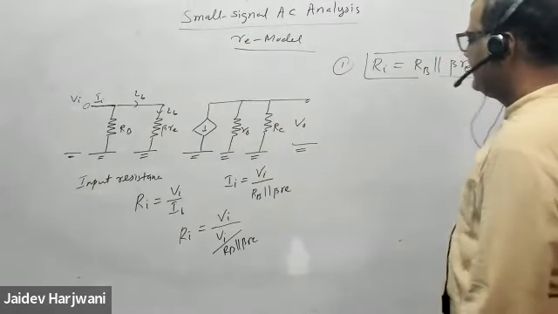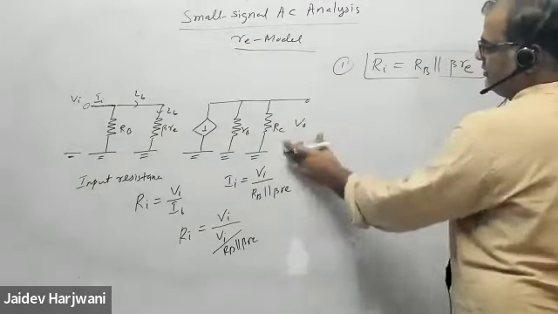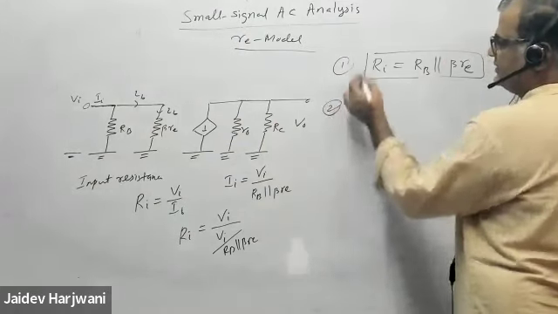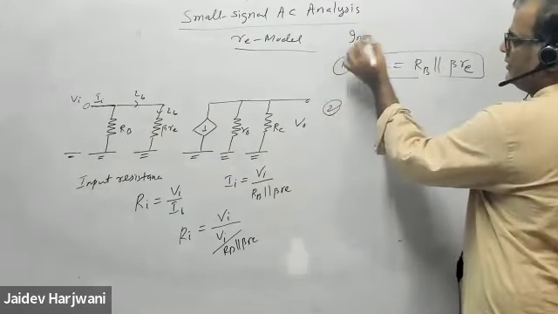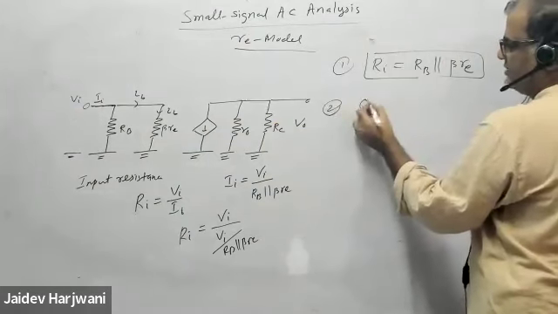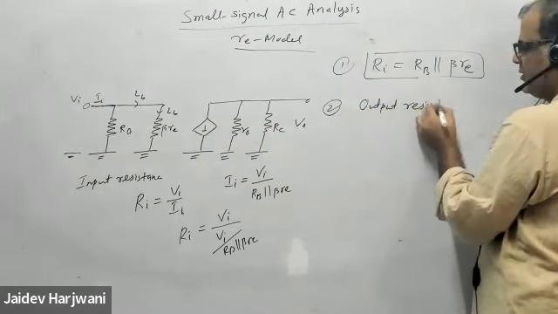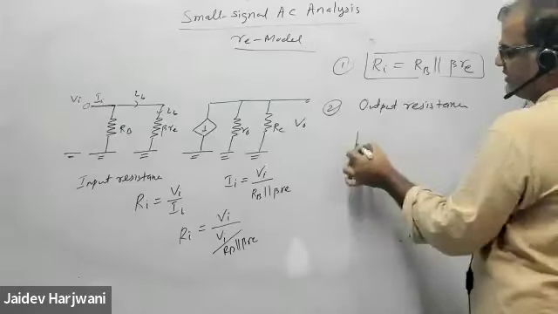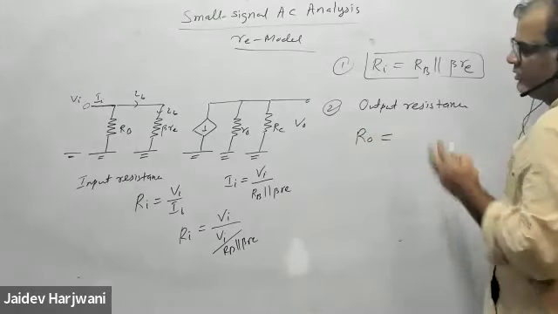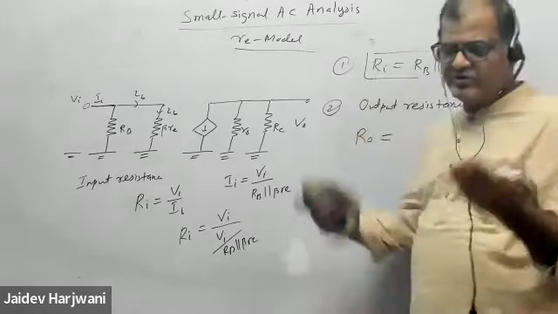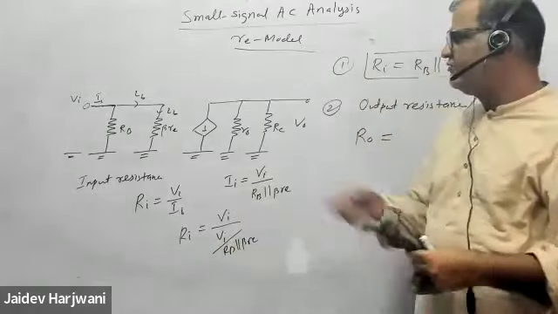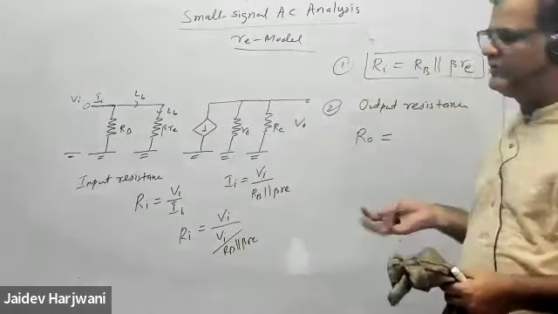Similarly, second thing. What is the output resistance? This is input resistance, now second is output resistance R0. Tell me. To find input resistance and output resistance, you don't even need to do DC analysis. If you draw the circuit, you can directly tell the values.